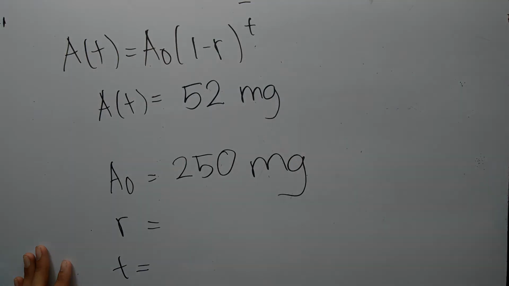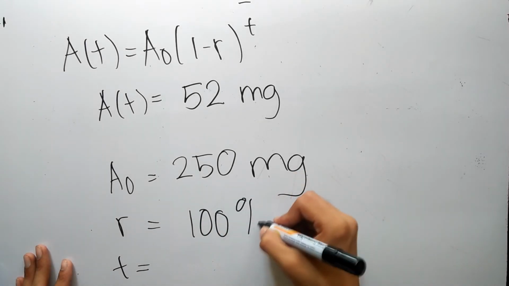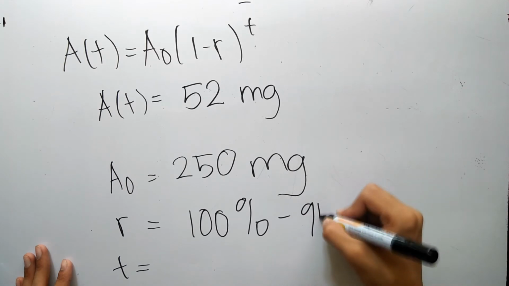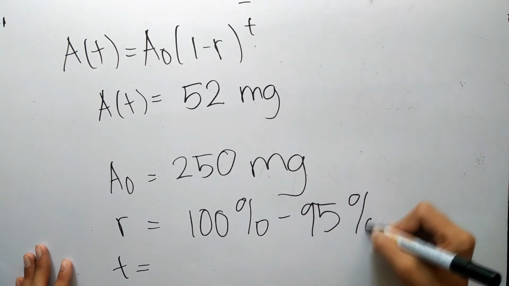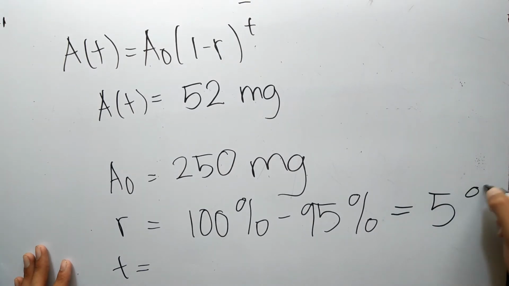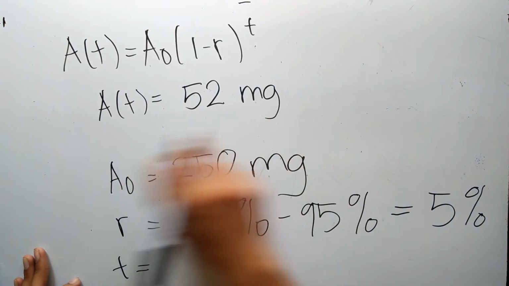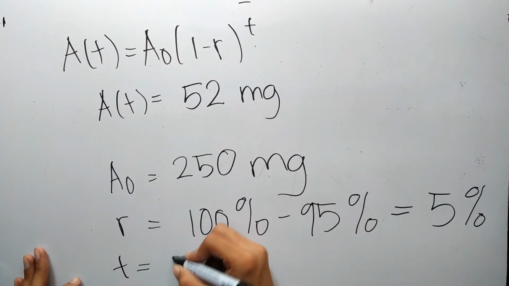So the rate of decay is 100% minus 95%. So the rate of decay is 5%. And for t, we are looking for how long it will take for the initial dose to reach a dangerously low level of 52 milligrams. So we are looking for the number of hours.